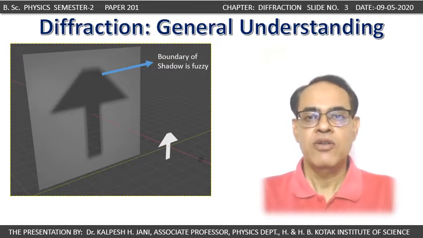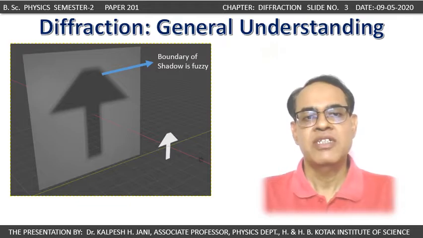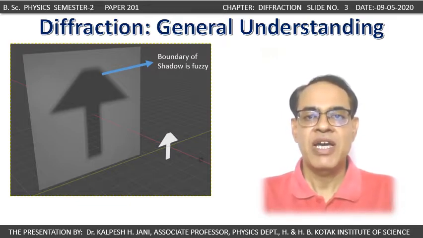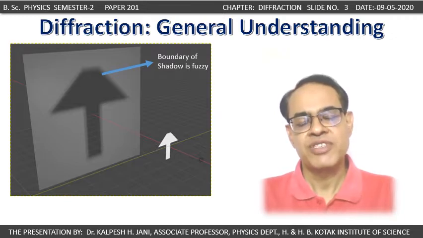Okay, that may be one of the reasons. And secondly, you may also say that the object itself may not be having very sharp edges or surfaces, then the shadows of them would also have a blur boundary.